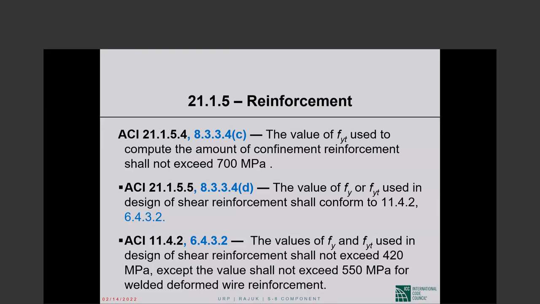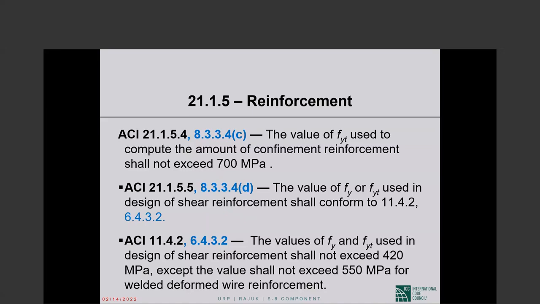When you use the same reinforcement as shear reinforcement, then you cannot utilize a yield strength of more than 420 MPa, because if you do, you'll be looking at wide shear cracking, which is unsightly and can be dangerous. Okay, so once again, the yield strength of transverse reinforcement in its role as confining reinforcement is restricted to no more than 700 MPa.